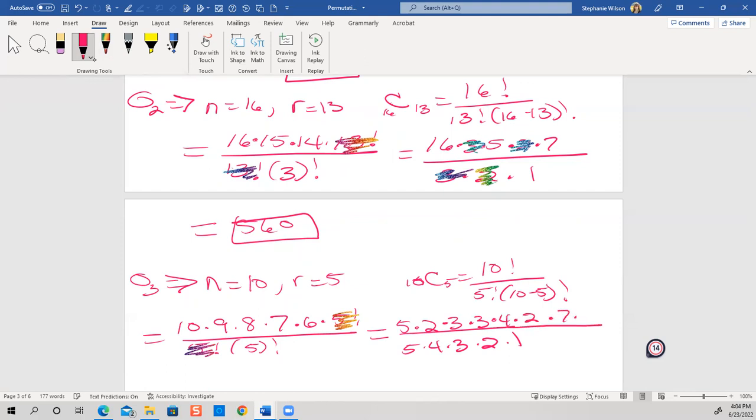And then times 7 times 6. I'm not going to break down any more unless I need it. 5's reduced. The 4's reduced. 3 reduces. A 2 reduced. And we're good. Now we're left with 3 times 2 times 7 times 6. So I got 6 times 7 times 6, and that's 252.